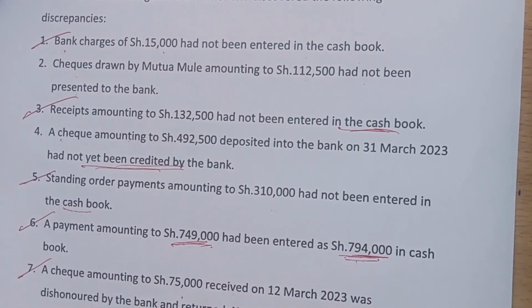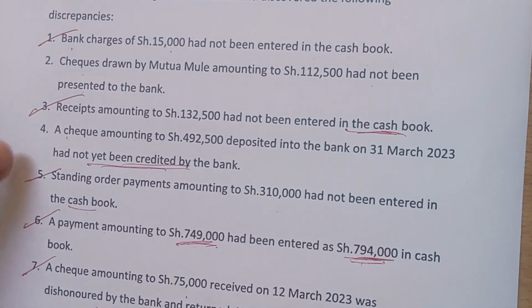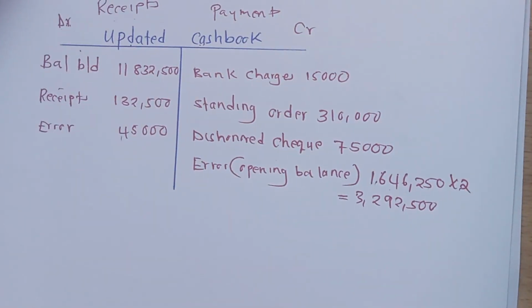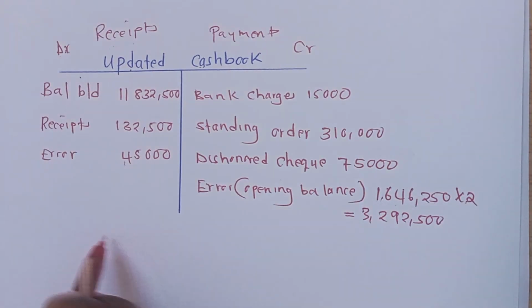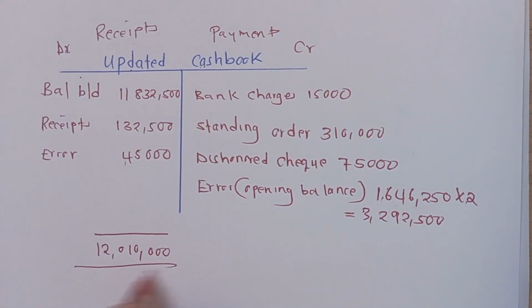Now we are done with transactions number 1, 3, 5, 6, 7, and 8. What we are left with is transaction number 2, which is the unpresented check, and transaction number 4, which is the uncredited check. So we need to balance these balances. The total on the debit side is 12,010,000 shillings.